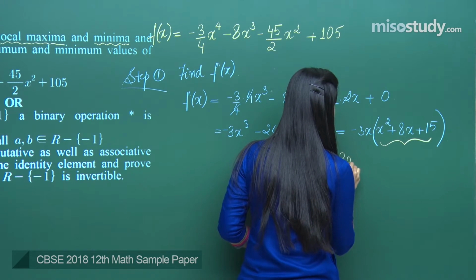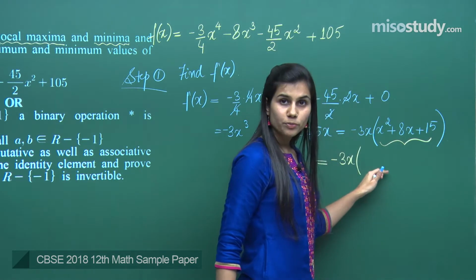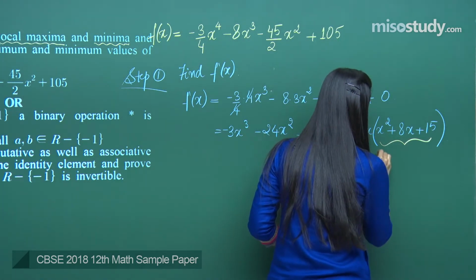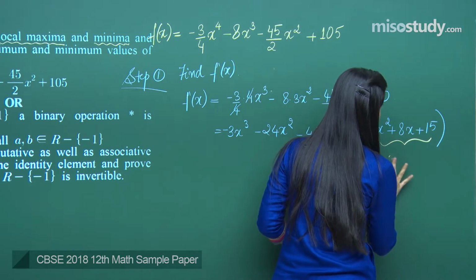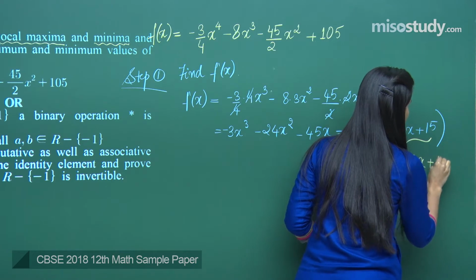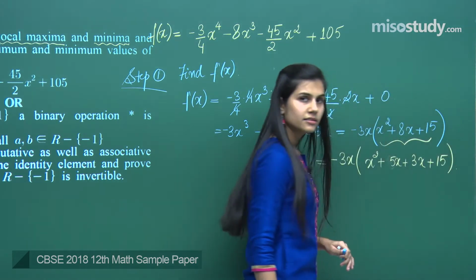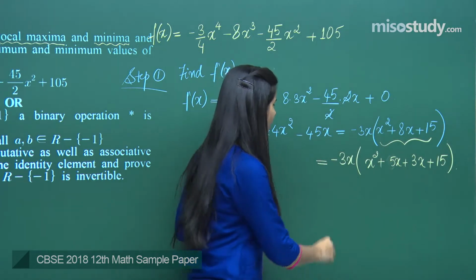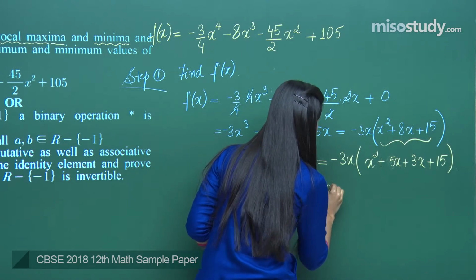So you get minus 3x. After that, you know how to break the middle term. What happens over here? x square plus 5x plus 3x plus 15, isn't it? Now just club them together.